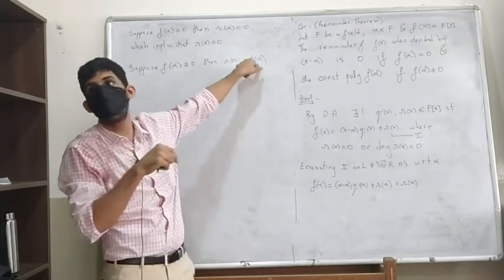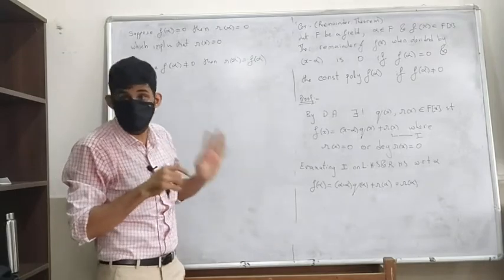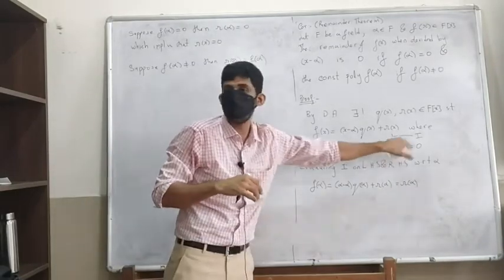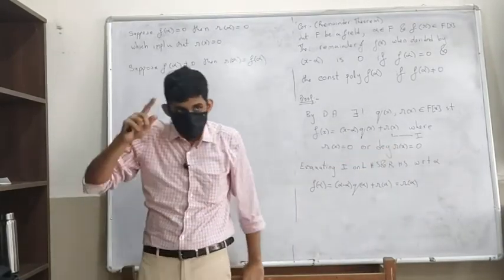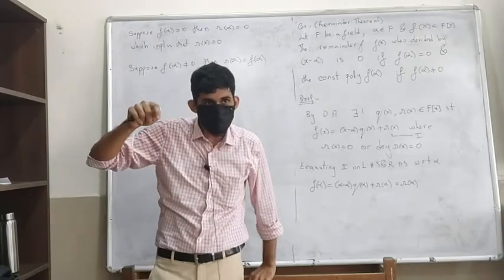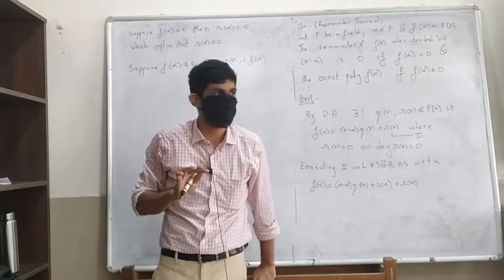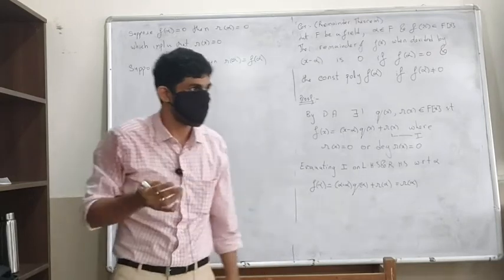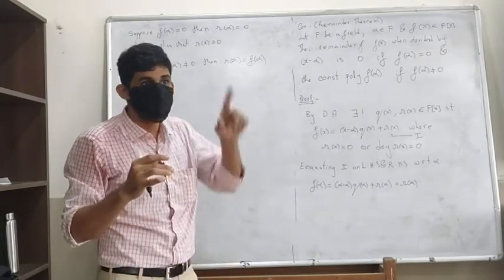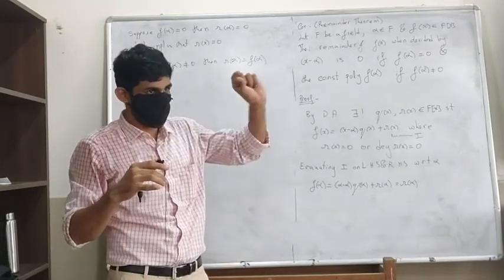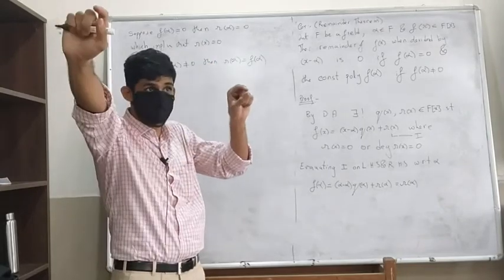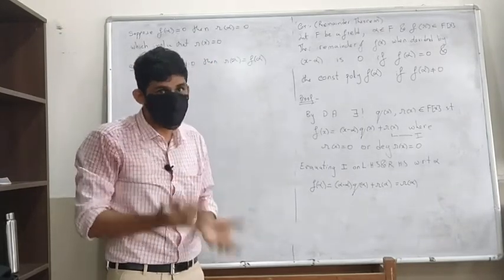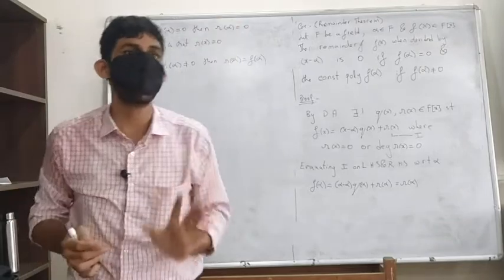Therefore, this is the 0th term of the polynomial, because this is a constant polynomial. If I evaluate a constant polynomial, I will get back the constant term. There is no other option. What is the constant polynomial? The 0th term is non-zero, everything else is 0. If you evaluate that at any point, you will always get back the constant term.